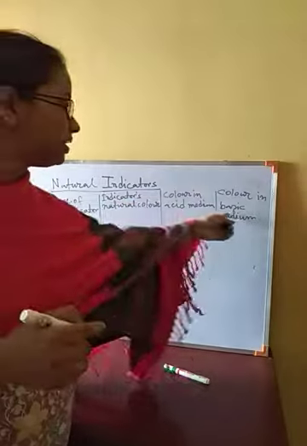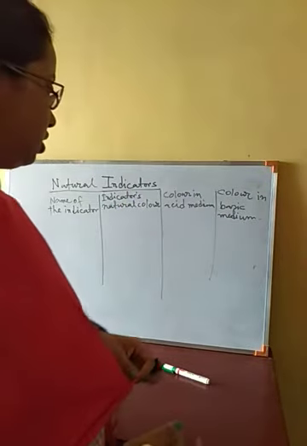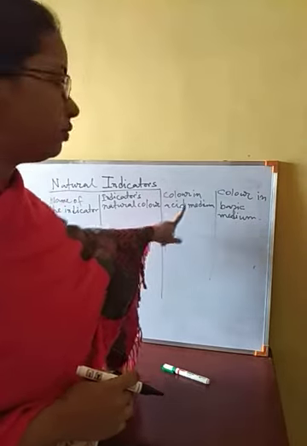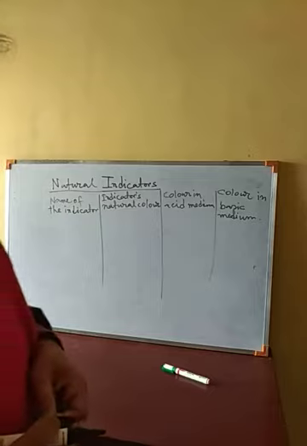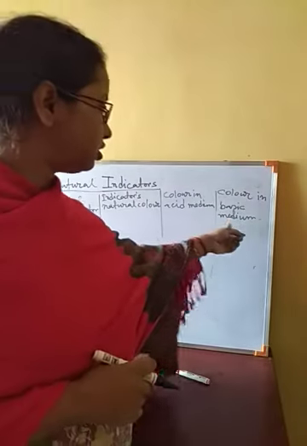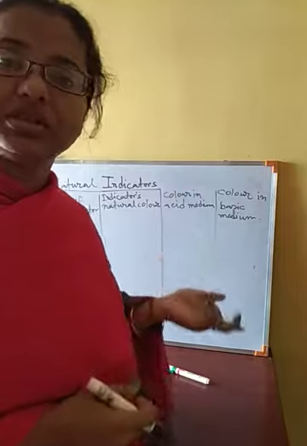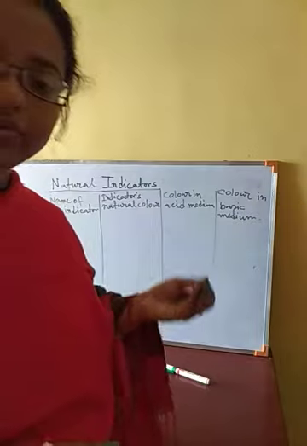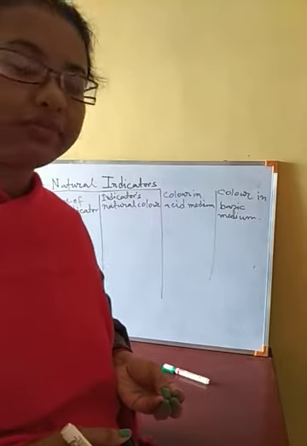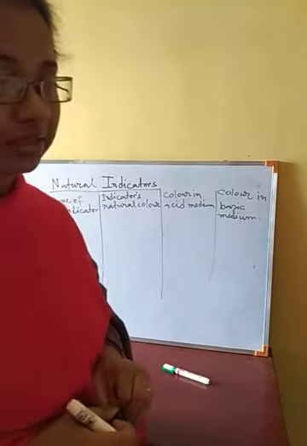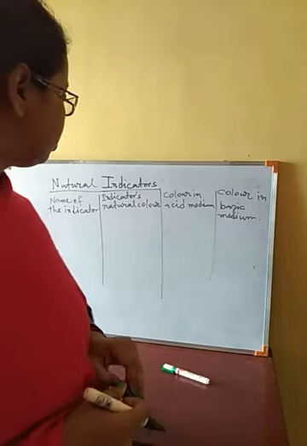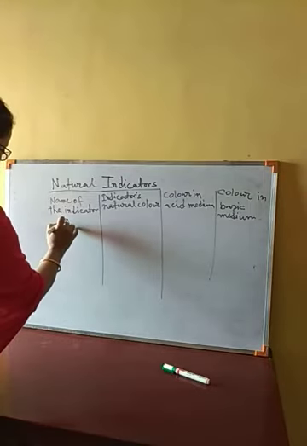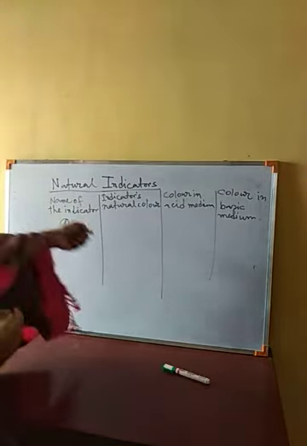And the acid and base which we are using are also readily available at your home. For acid you can use vinegar, or lime juice also can be used. And for base you can use detergent or soap solution. Just a pinch of detergent or soap you mix in water, and that can be used as basic solution. And how we are going to do that? First, you will take the indicator. Its color, you know, you will write there.